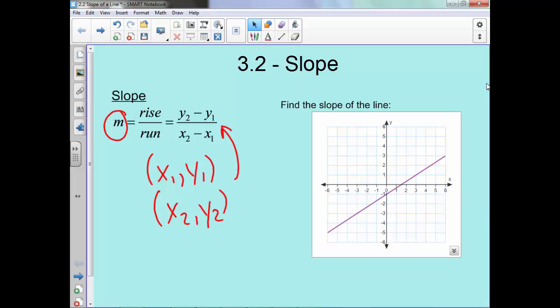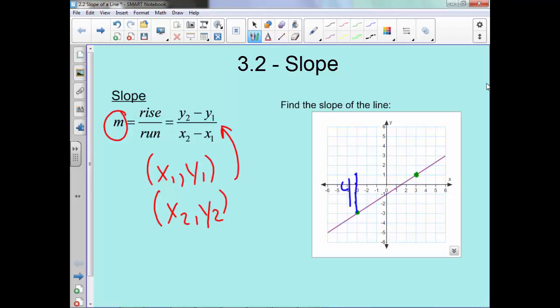So now we're going to find the slope of this line. First we have to find two points that this line goes through. So it goes through this point, and it goes through this point. Now using our rise over run, we're going to go up this far. So we went up 1, 2, 3, 4.